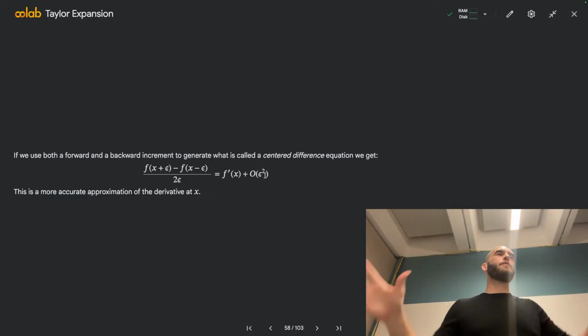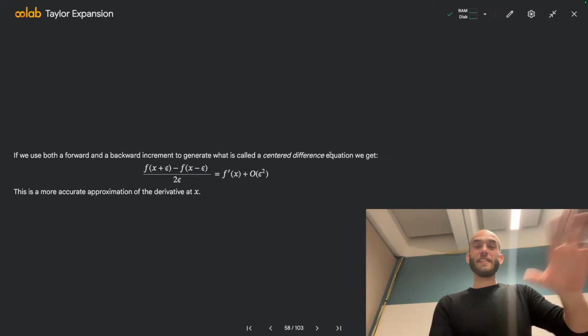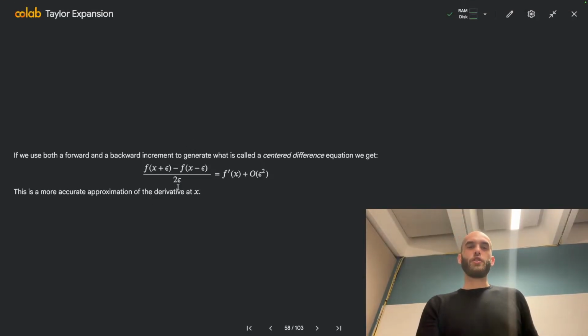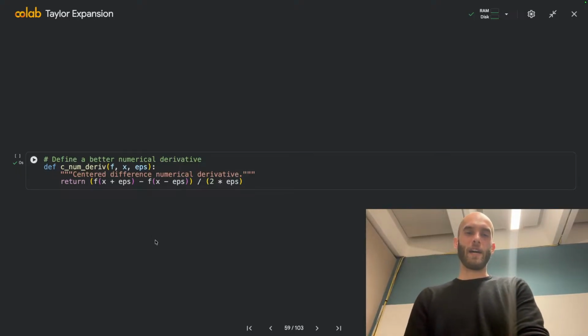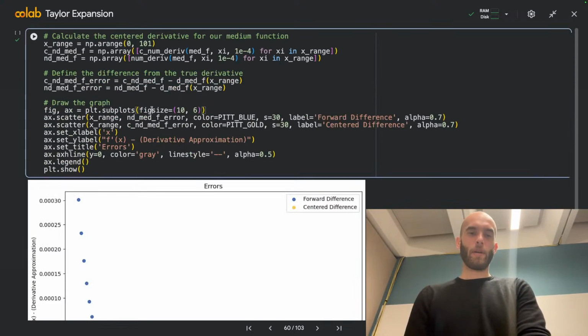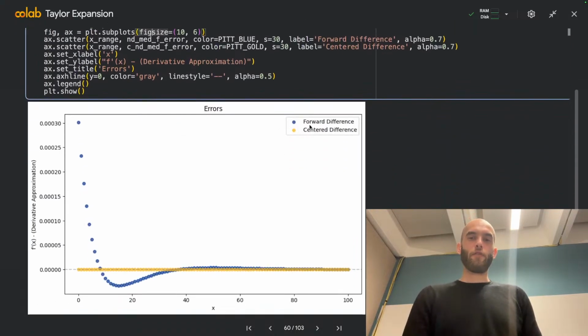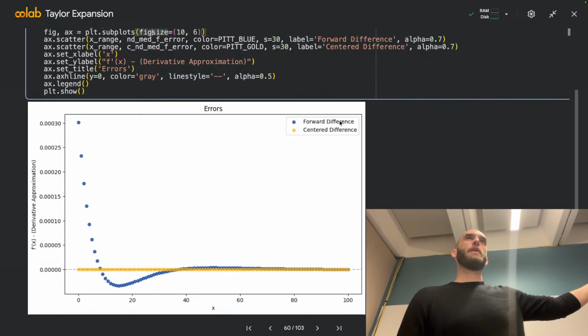There are lots of details for how we derive this thing. We're running up against the end of class time, but this is essentially the main idea: a two-sided approach can actually do better for us. So I'm going to run this and then show you a picture of this. Here I have the forward difference, which is the first numerical derivative that we defined.